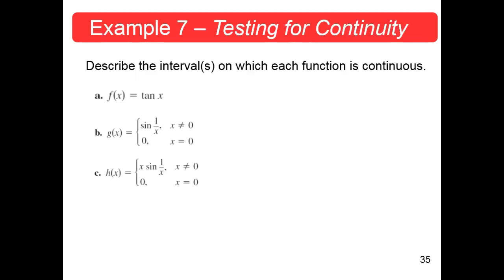So let's describe the intervals. This is example 6. By the way, they do have some little proofs here, and the slideshow doesn't spend a lot of time on them, so I'm not going to spend a lot of time on them. However, if you are a math major, I can't remember, are any of you math majors? No, you're either pre-engineering or math or education or something like that. So you probably are not going to get that deep into proving.